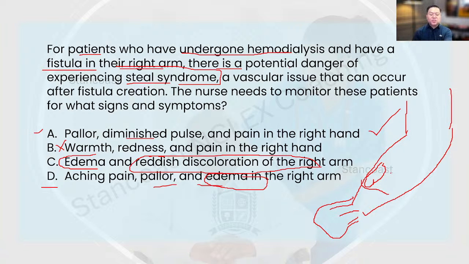And we also need to eliminate the irrelevant options. So think about the pathophysiology, rule out those options that describe symptoms that could be inconsistent with ischemia. So warmth and redness, those are for inflammation and infection, not arterial steal syndrome. And edema, it's pointing towards a venous type of problem, okay?